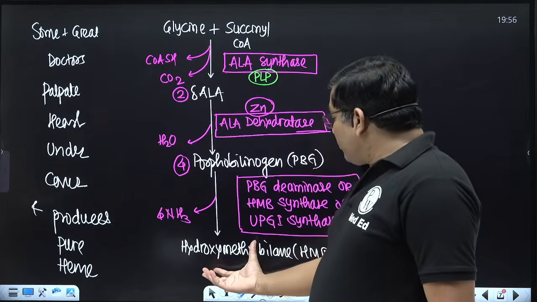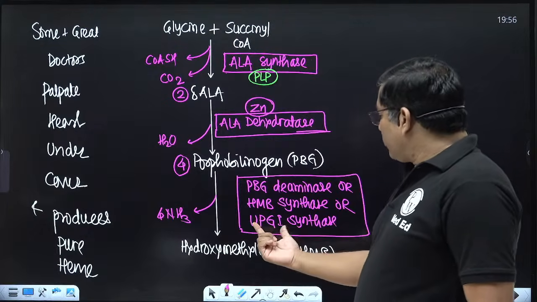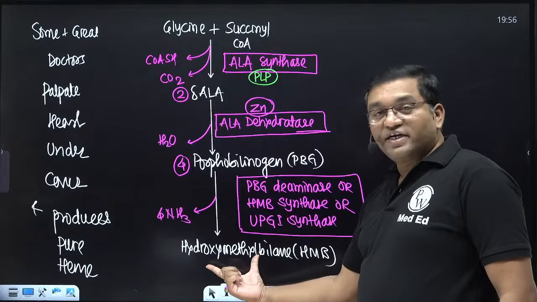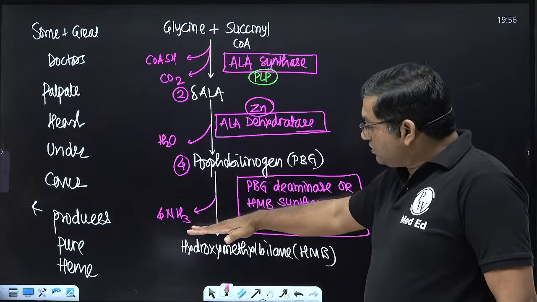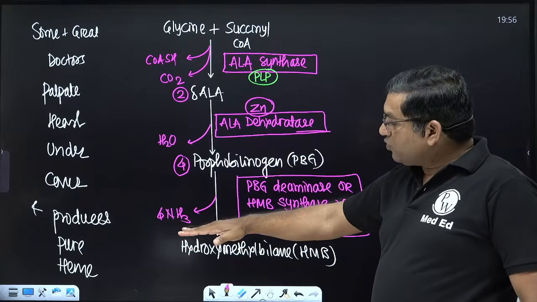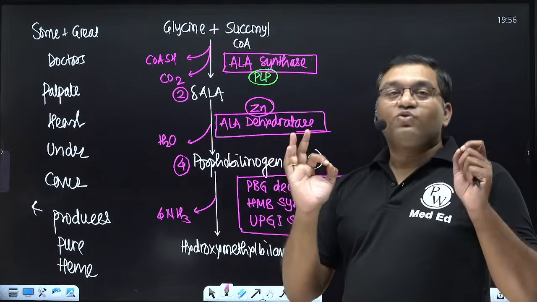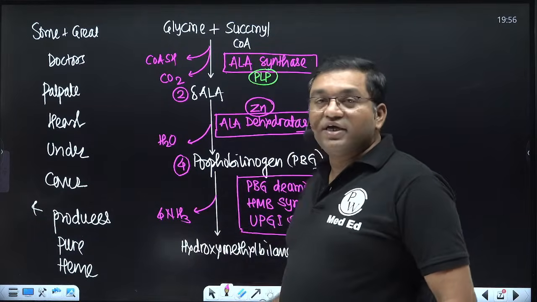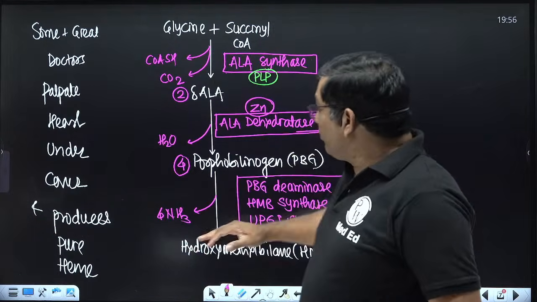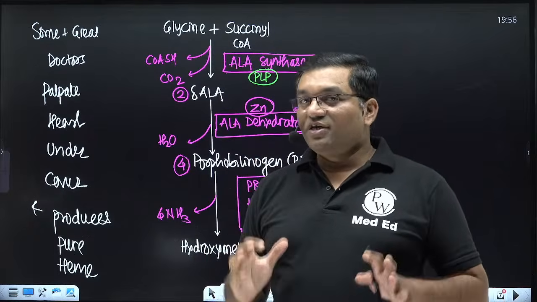This is uroporphyrinogen 1, see the name, uroporphyrinogen 1 synthase. If there is a block below this, porphyrin precursors are produced, and there is photosensitivity. If the block is above this, abdominal pain and neurological manifestations.